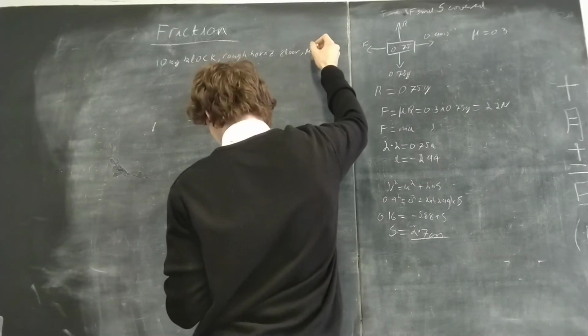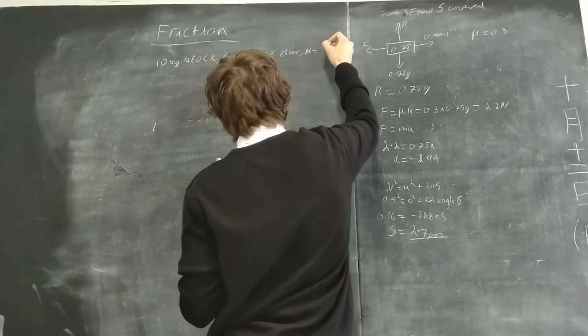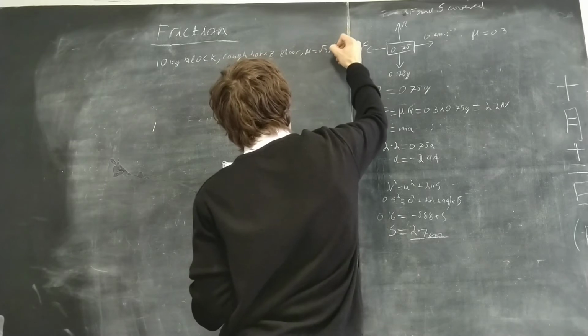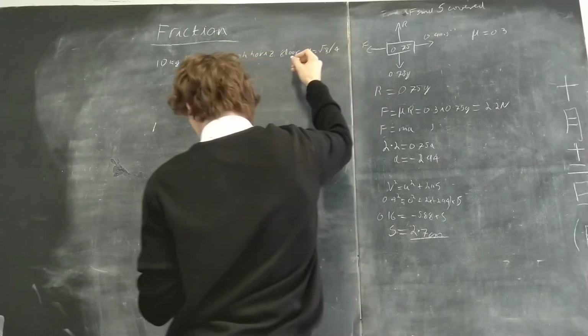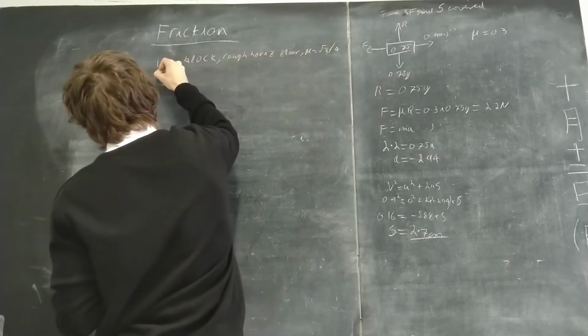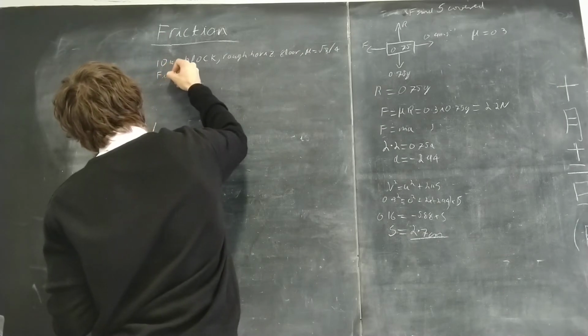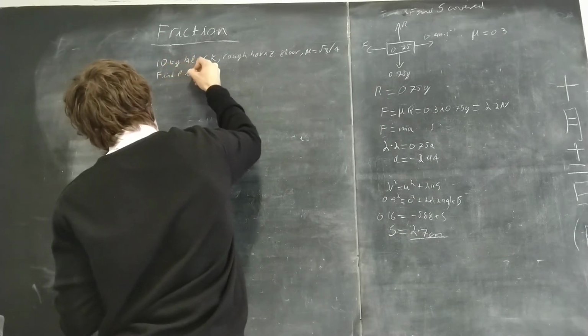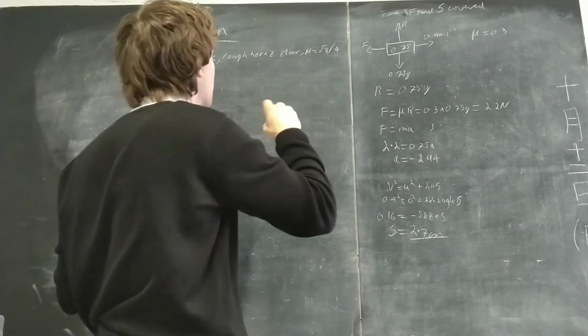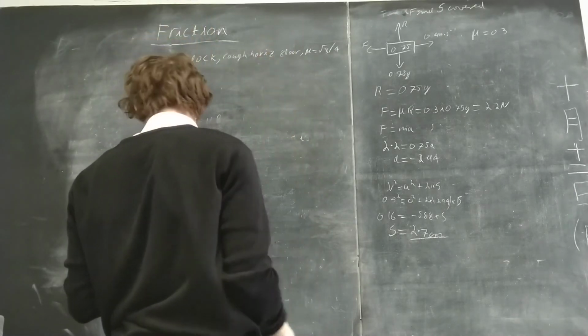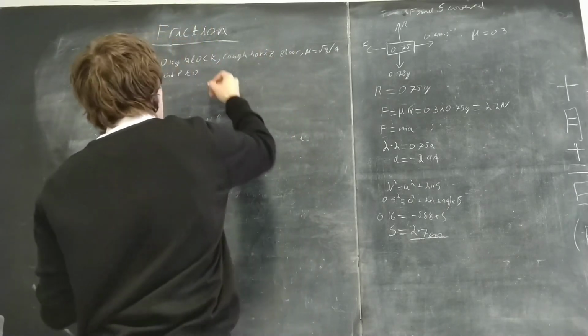Coefficient of friction here is equal to √3/4. Find the P needed to just pull the block.